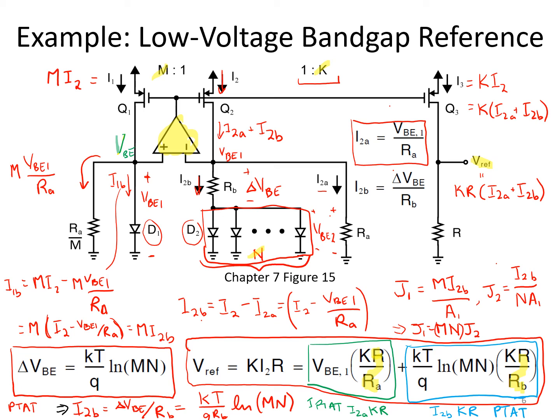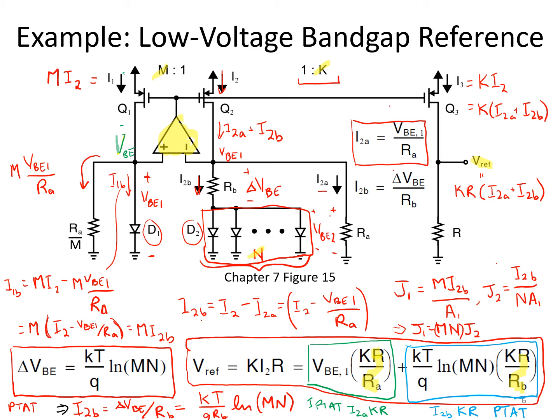And on top of that, we need to have enough VBS voltage drop on Q1 and Q2 so that they remain in active mode. So it's difficult to operate the circuit far below 0.9 volts, or perhaps it can be pushed to 0.8 volts if you really push it, but that's sort of the lower limit of the supply voltage for this circuit.